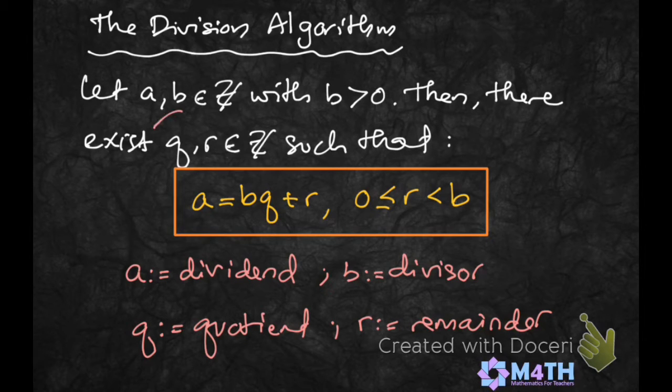So we're given two integers with the condition b positive, and we can find q and r that satisfy this equation, with the condition that r is from 0 to at most b. Alright, so let's look at some examples.